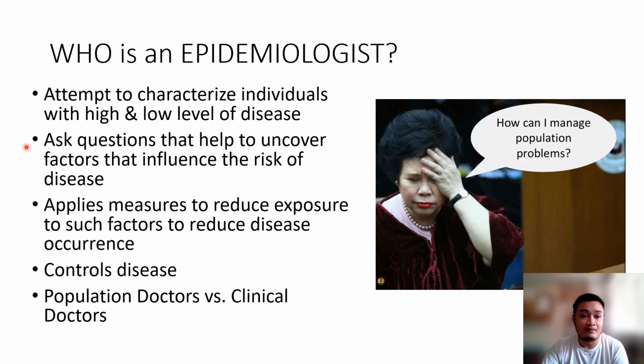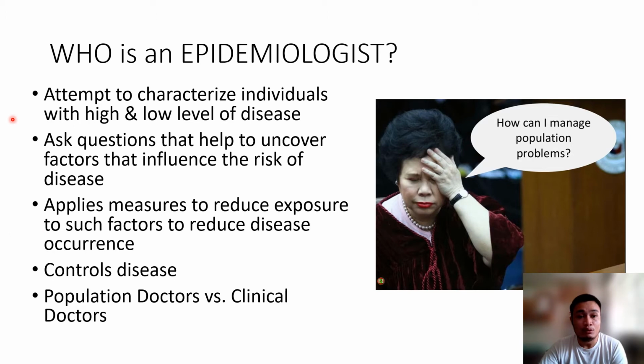And number two, we need to ask questions that help to uncover factors that influence the risk of disease. So, who among the individuals in the population are most likely to have the disease? What are they doing? Why are they the most at risk? So we need to ask those questions.